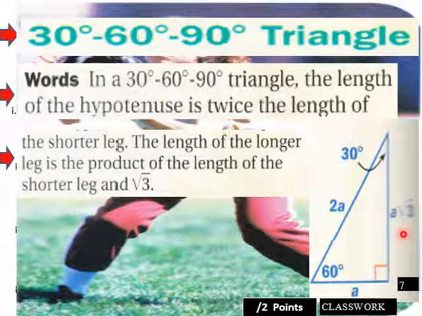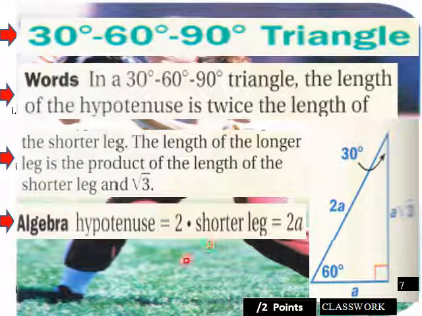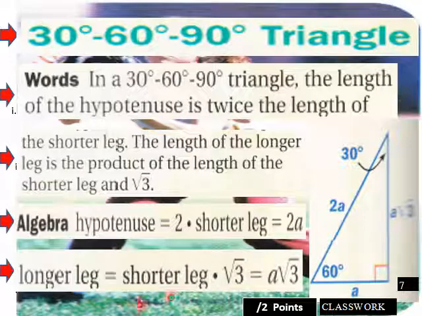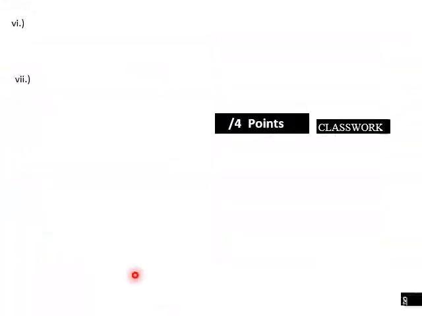In a 30, 60, 90, it's multiplied by square root of 3 for the long side, and then doubled for the hypotenuse. So the algebra here: hypotenuse is 2 times shorter leg, and then the longer leg is a times square root of 3. So the short leg in a 30, 60, 90 is really crucial in figuring the lengths of your other parts of the triangle.